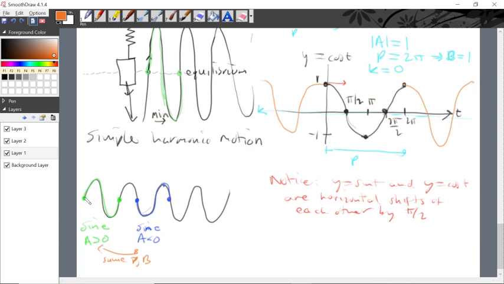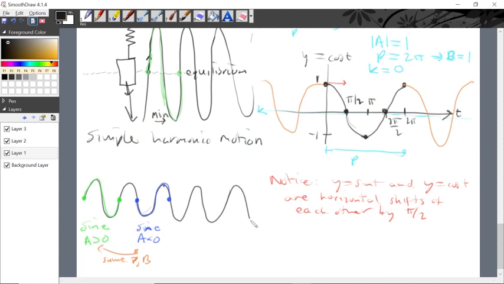If this was the origin right here, then this wave would have a horizontal shift of 0, but this wave would have a horizontal shift of however far this is from 0, even though it's entirely the same wave and it carries all the same information. Now let's say we looked at a cosine model instead. We could model this whole wave with a cosine model.